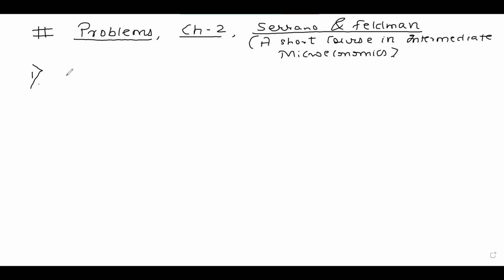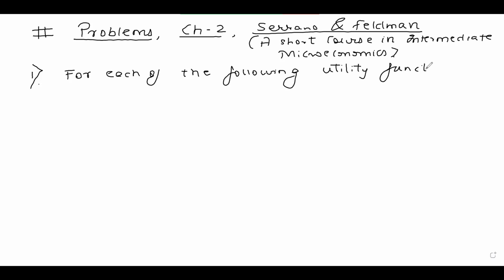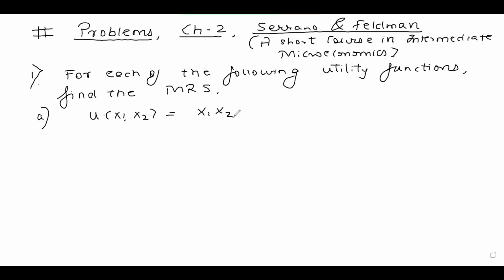For each of the following utility functions, find the marginal rate of substitution, MRS. So we are given the first utility function, u as a function of x1, x2, is x1 times x2.